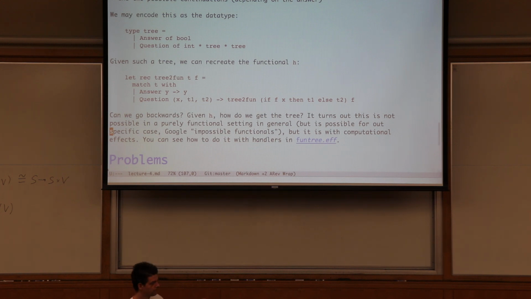So how would you do this? What's the idea? Where do you get it from? Somehow, we're going to get H, and we have to get the tree out of H. Just about the only thing we can do with H is feed it an F. So we have to feed it a magical F, full of hidden operations that will secretly report to us what H is doing.